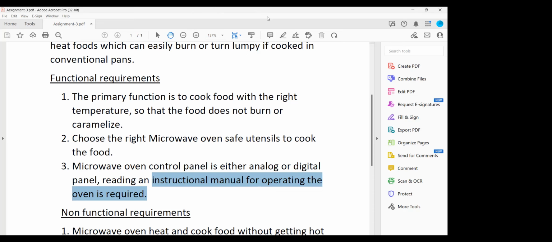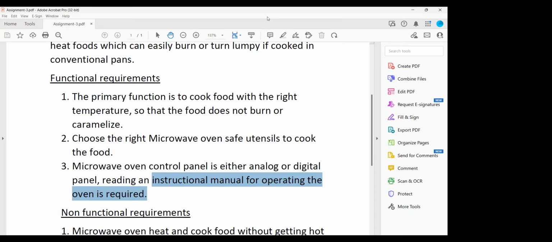The oven can be operated either through electricity or some other way, but we don't know. What it needs is electricity, whether you supply it from your backup or from the mains, it doesn't matter. Yes or no?